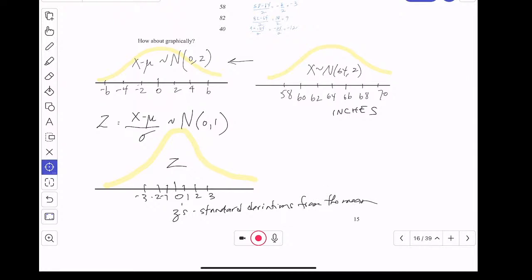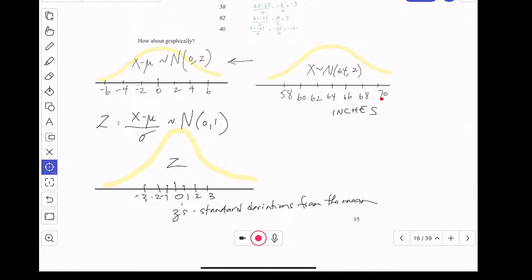So over here, 64 is 64, but it's also the mean. 66 is 66, but it's one standard deviation above the mean. So that 64 marks the mean as 0, and then 66 translates into one standard deviation from the mean. 68 is 2 standard deviations from the mean, so it's translated into 2.